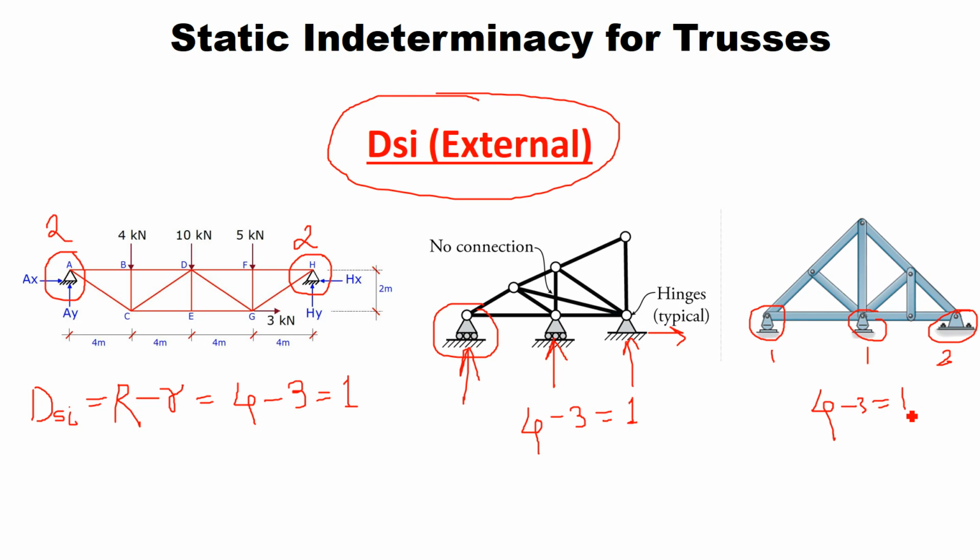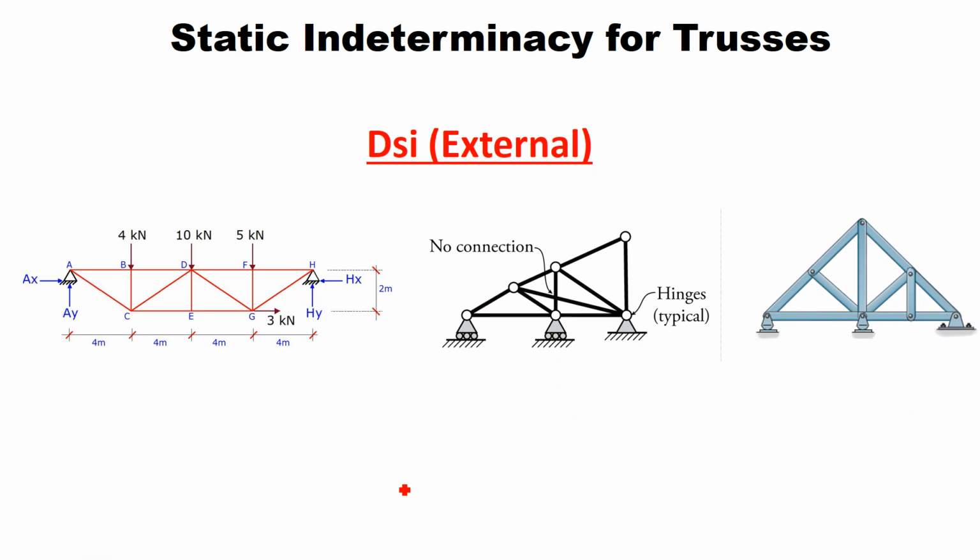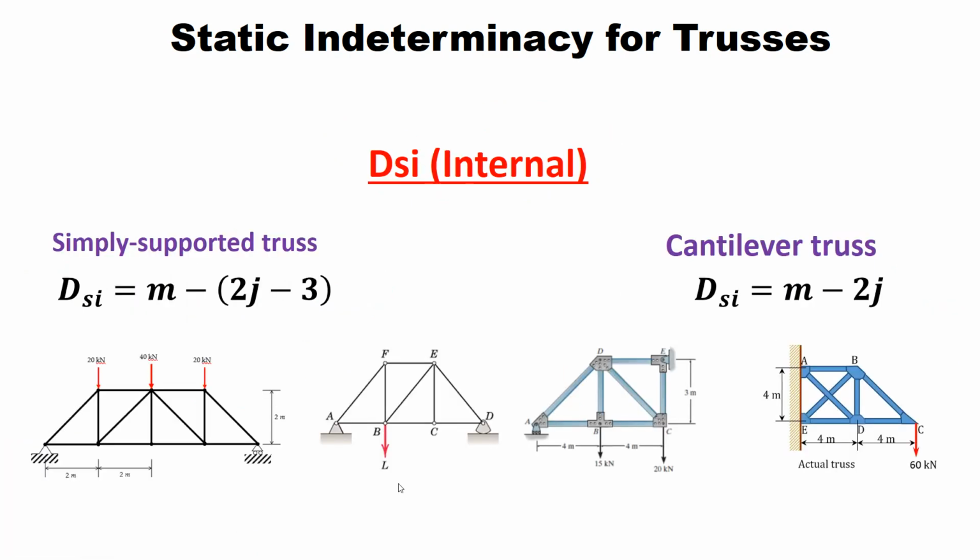So external indeterminacy of a truss is determined using the same formula, DSI equal to capital R minus small r, that is, the total number of redundant forces, unknown support reactions present in the structure is called static indeterminacy. But in case of a truss, static indeterminacy internally is determined by using this formula.